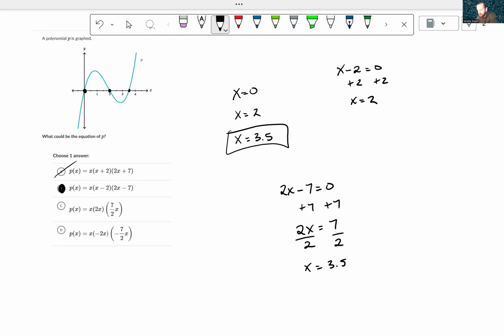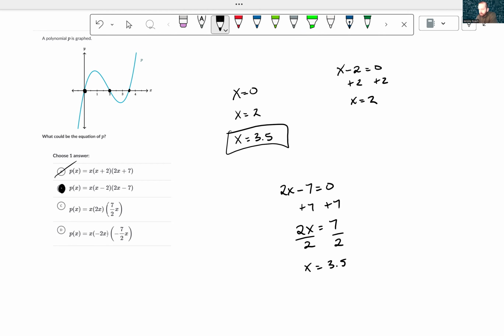If we look at these other ones, 2x, if we set that equal to 0, we also get x equals 0. So not that one. And then we would also get x equals 0 for this one as well. Same with D. All of these are just monomials, single terms, and we set them equal to 0 and solve for x, we're just going to get 0.